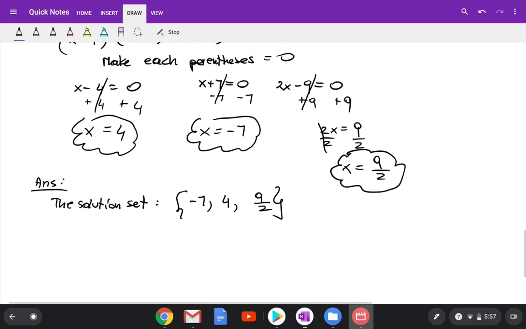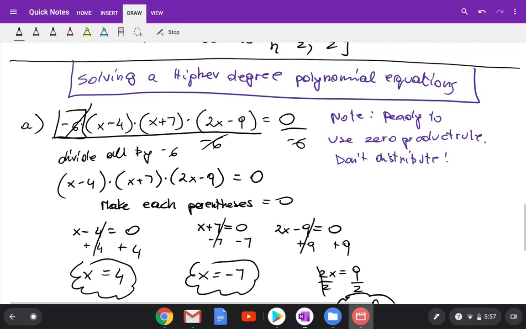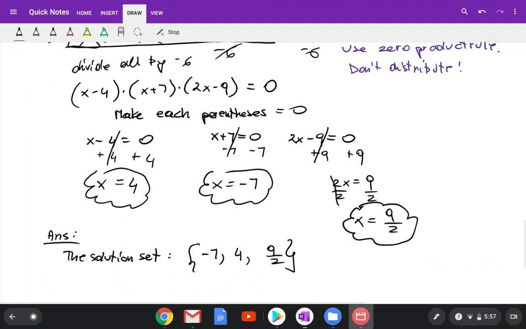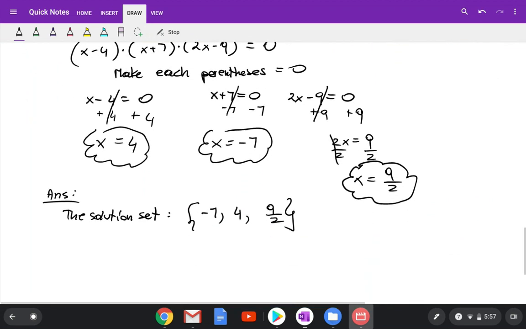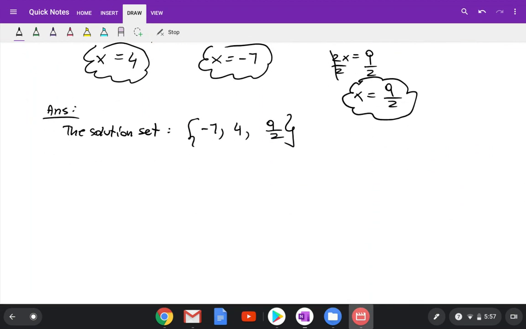If you go back to your original equation and replace x with any of those three numbers, which are our solutions, you will definitely end up with 0. So this one was nice. We really didn't have to do anything. We just set each parenthesis to 0 and solved three equations.